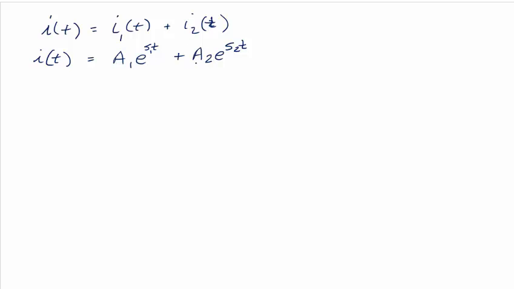So that's two unknowns, which means we need two initial conditions. We have an initial condition I0 on the inductor, and we have an initial condition V0 on the capacitor.